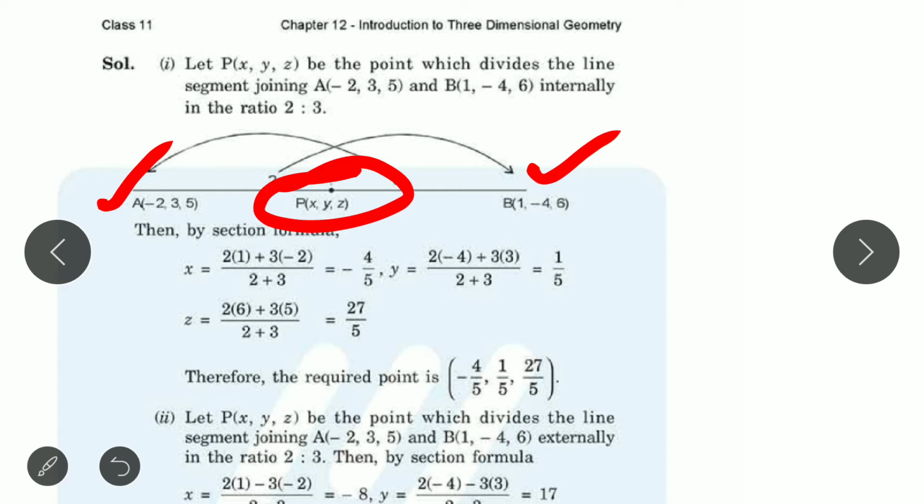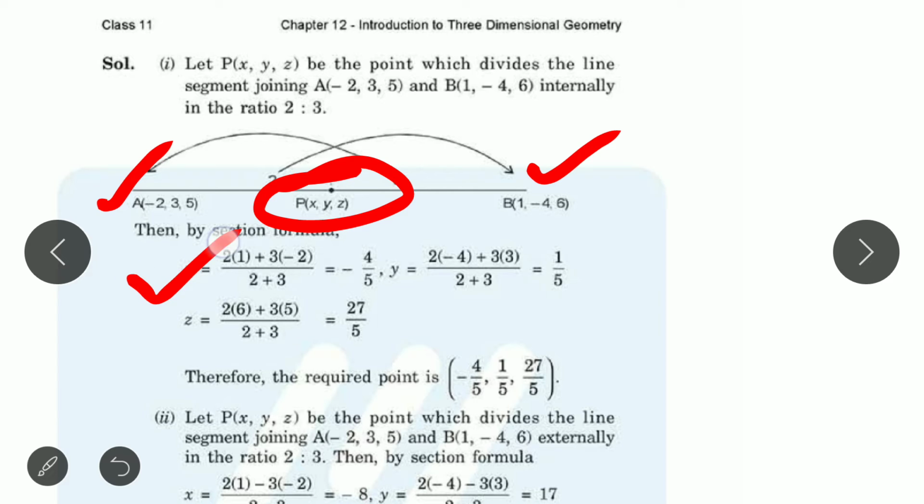So m is to n is 2 is to 3. The first point A (x1, y1, z1) is (minus 2, 3, 5), and the second point B (x2, y2, z2) is (1, minus 4, 6). So here we are going to use the internal division formula.